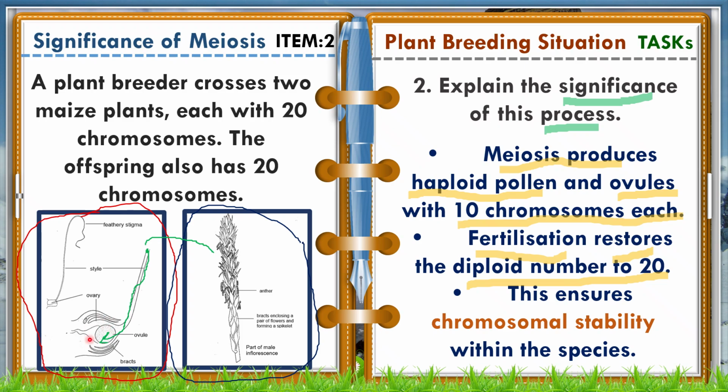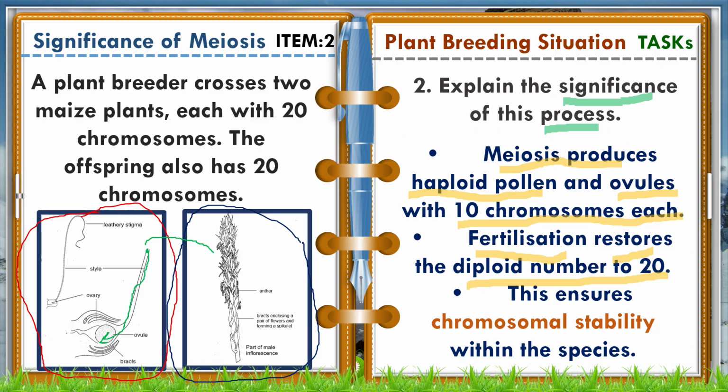And the ovule also has 10 chromosomes. So after fertilization, we shall get a diploid zygote: 10 from the ovule and 10 from the pollen grain. When they combine, they will go back to the diploid number of 20. So we are saying that fertilization restores the diploid number to 20.